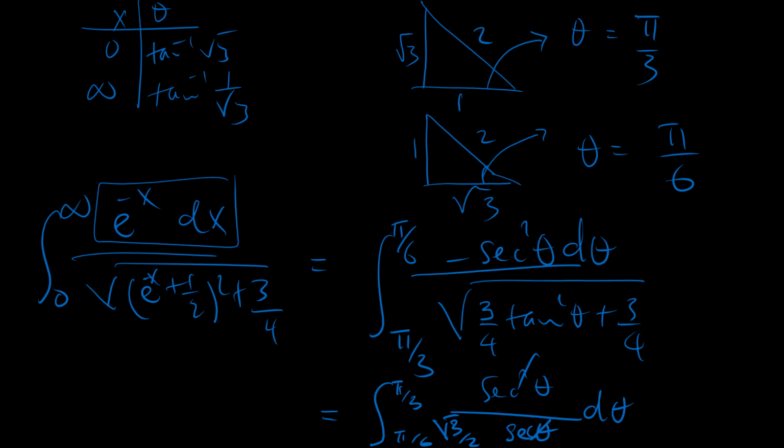Okay, let's keep going. It's important to note that we were supposed to have square root of 3 over 2 here and square root of 3 over 2 here, so that and that would cancel away. So essentially we are left with the integral from pi over 6 to pi over 3 of sec theta. And we're going to see how to solve that in a minute.